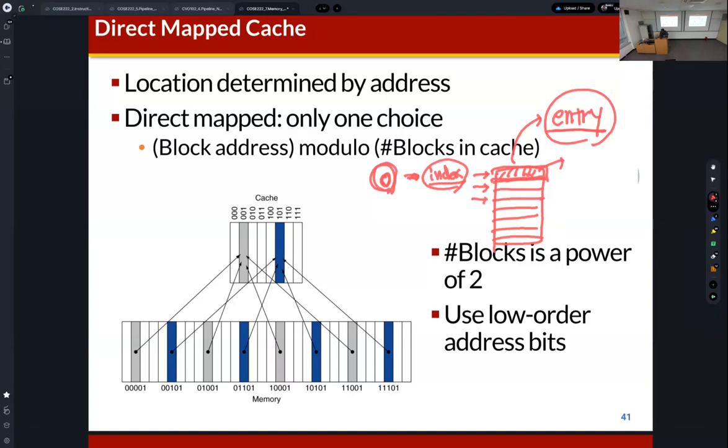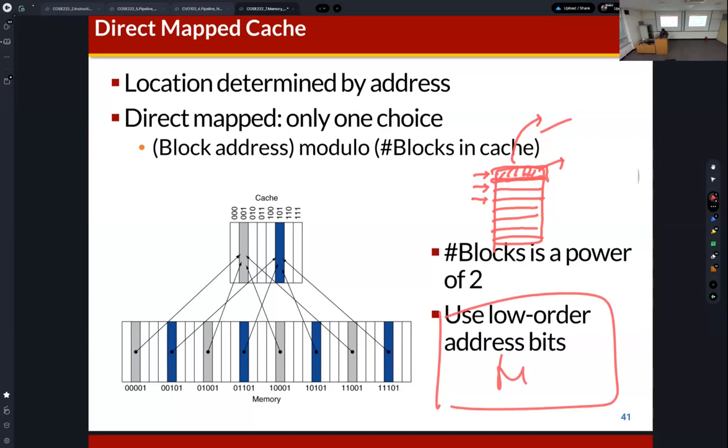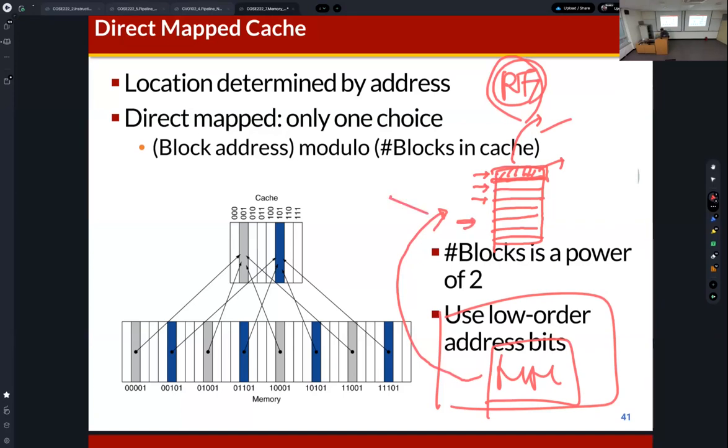Then we need to decide, the cache is located in between the main memory here and the register file here. So when the data is requested from the main memory, then this data is stored in the cache.